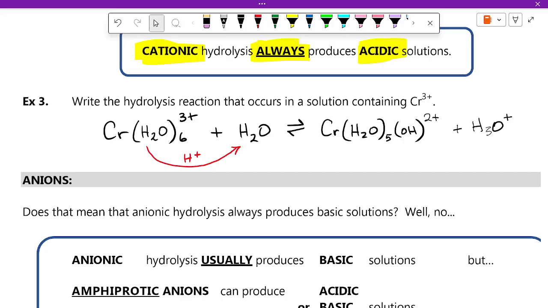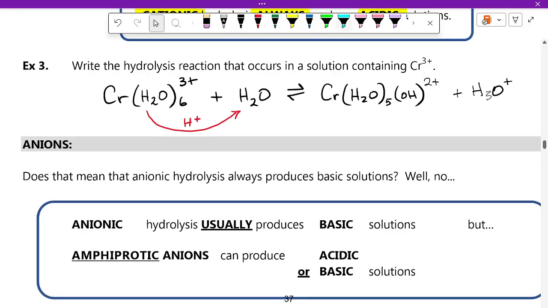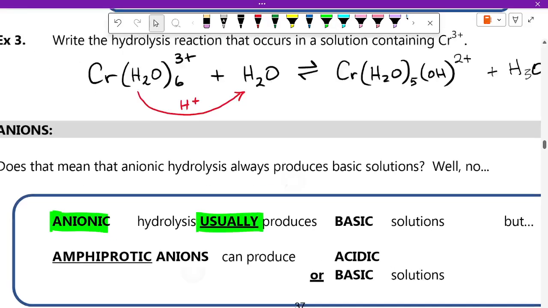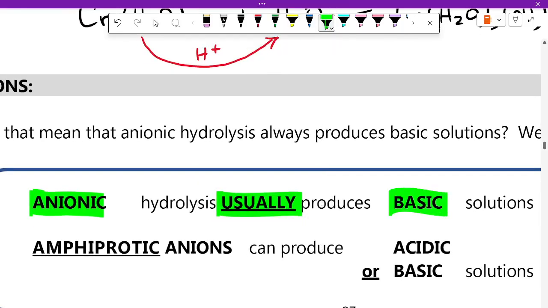Now we're going to look at anions. Does that mean if cations are always producing acidic solutions, do anions always produce basic solutions? Well, sadly, no. They mostly do, but not always. Okay, so anionic hydrolysis usually produces basic solutions.